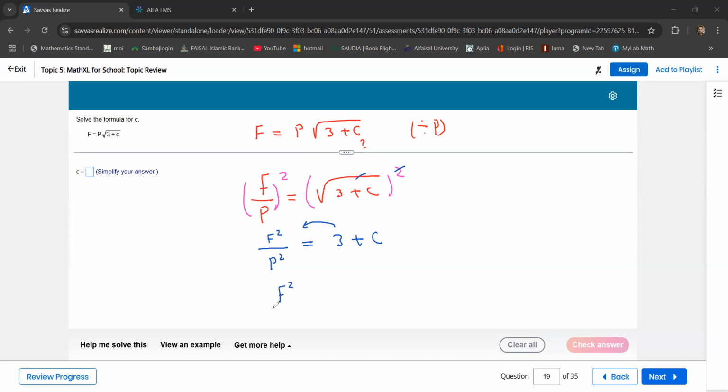So f power 2 over p power 2 minus 3 will be c. Now you can start with the c. C equals f squared over p squared minus 3. So just like solving a normal equation, but instead of solving for x, we are solving for c.